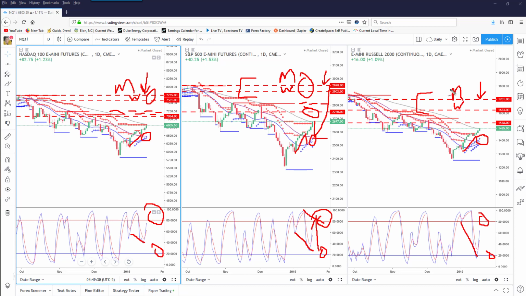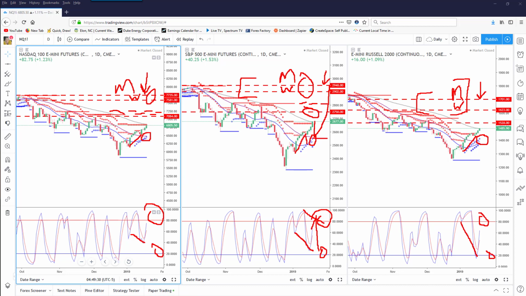Okay. But once that occurs, if we see any type of resistance, if we see any type of hidden divergence or standard divergence at that point, then we are in for a likely fall on the indices. It's got to break through these areas of resistance before it can move higher.